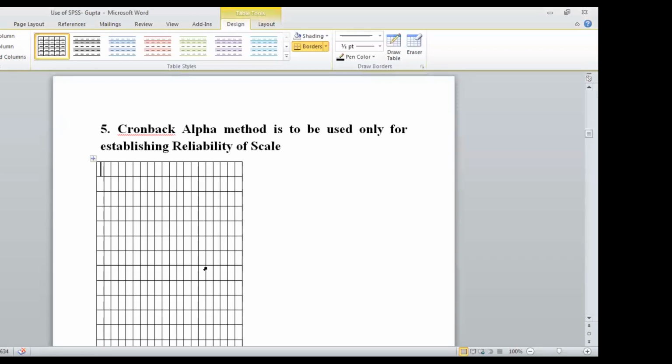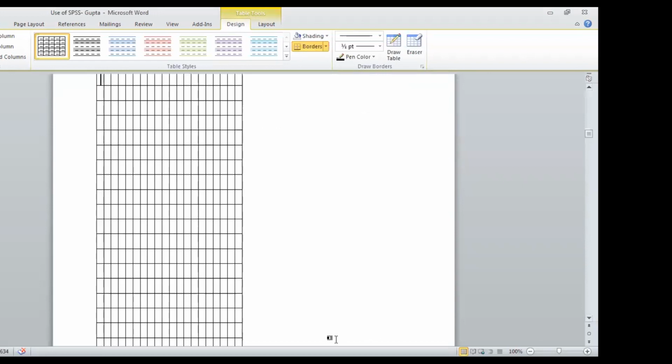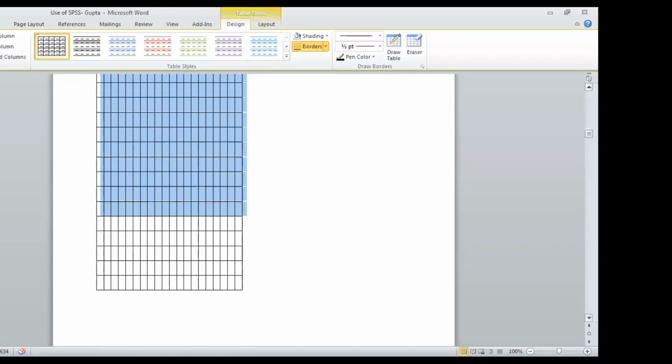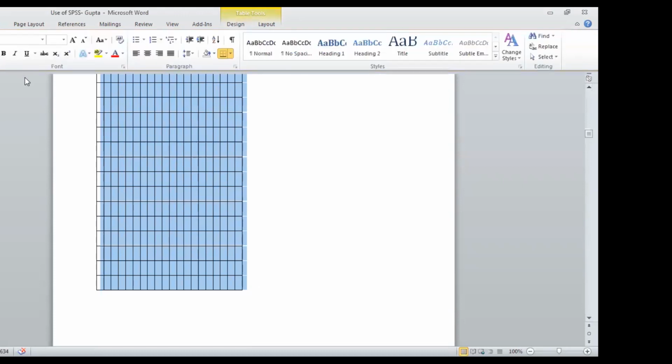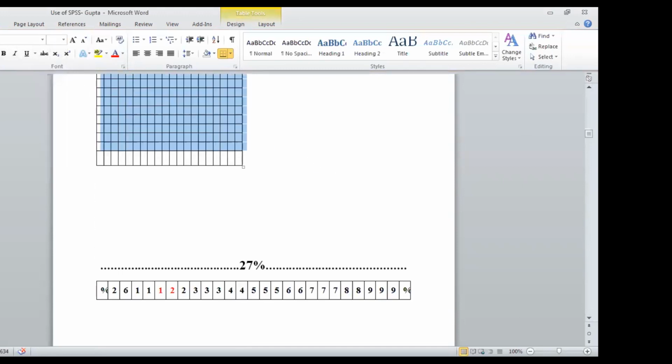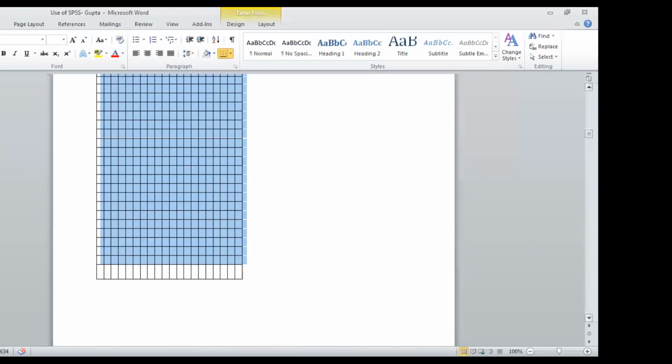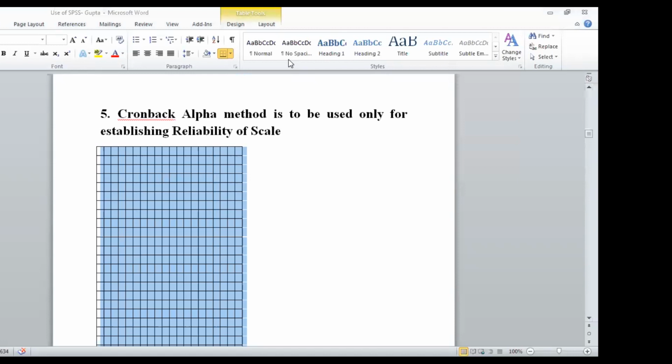Now, here is your serial number. So here, this is your serial number.